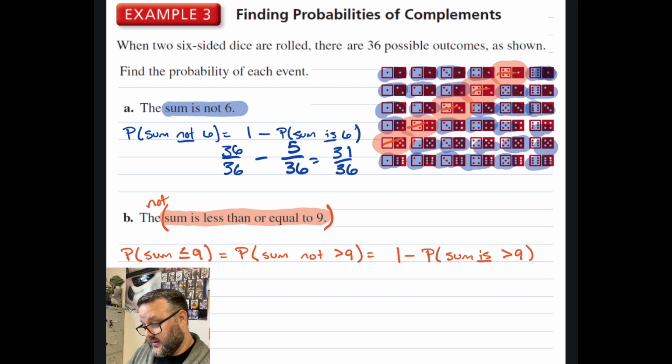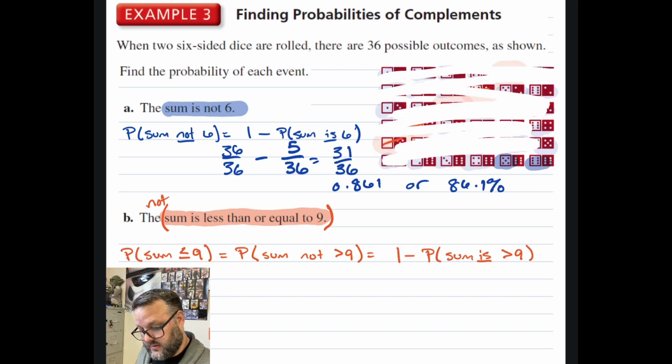That ends up being equal to 0.861, or 86.1%.